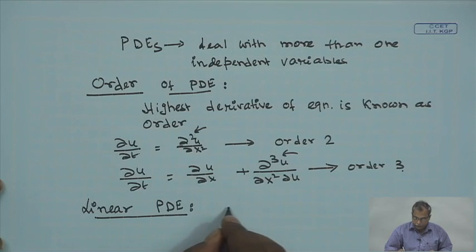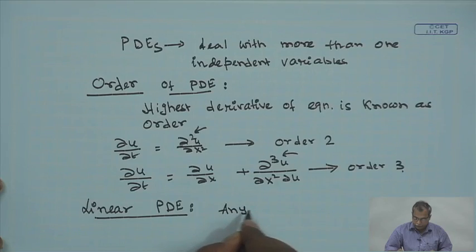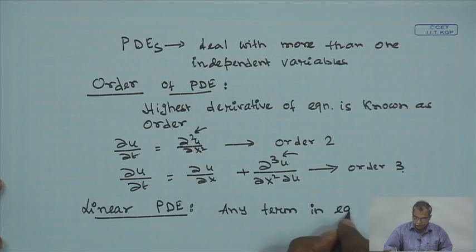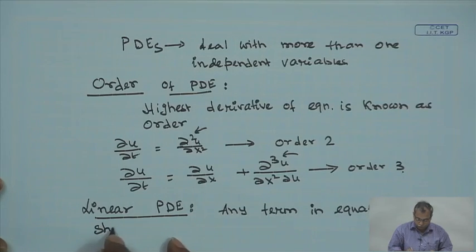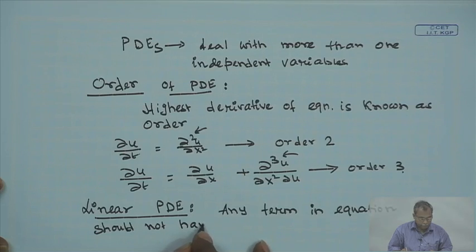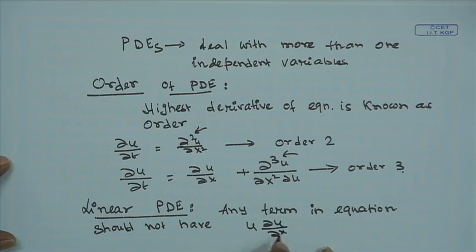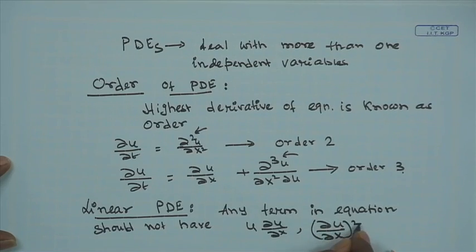Any term in the equation should not have multiplication of derivatives or of the dependent variable u, or higher order terms like del u del x square.